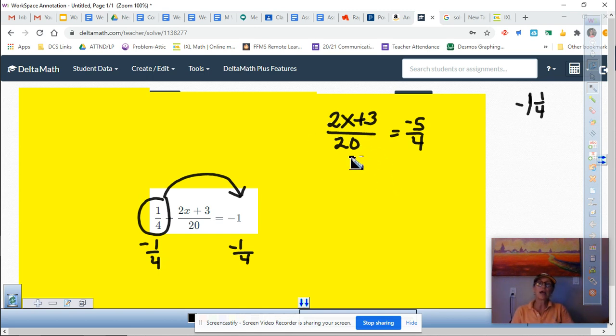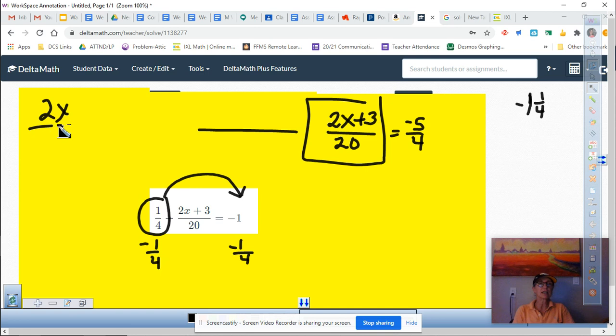All right, so now we have this thing with this 20 down here. What you need to understand is that what this right here means is 20x over 20 plus 3 over 20. Well, that's gross. We don't like it, so we keep it like this.